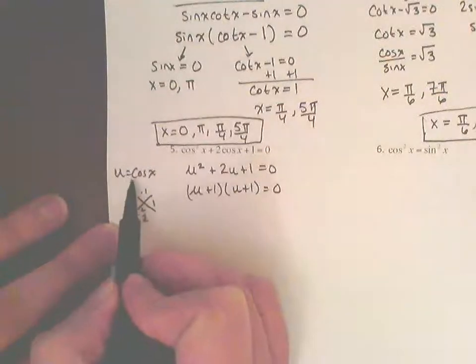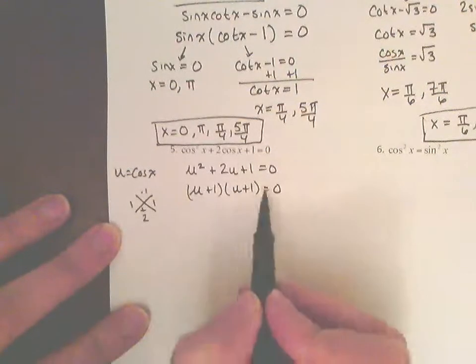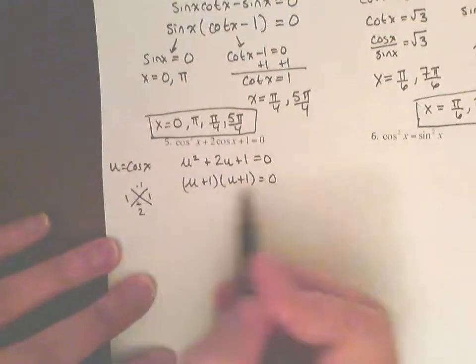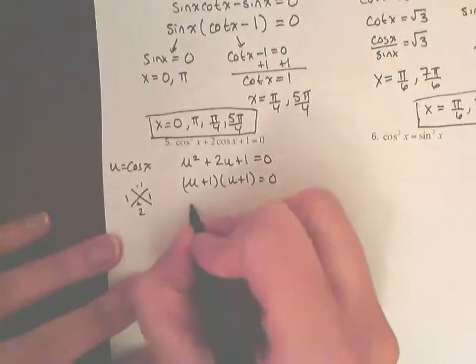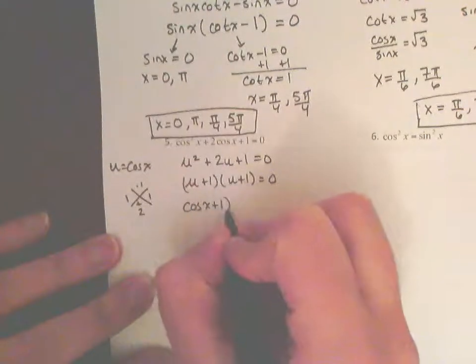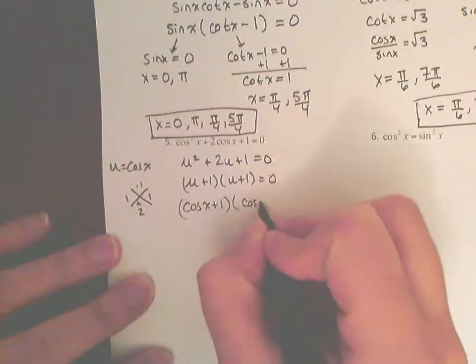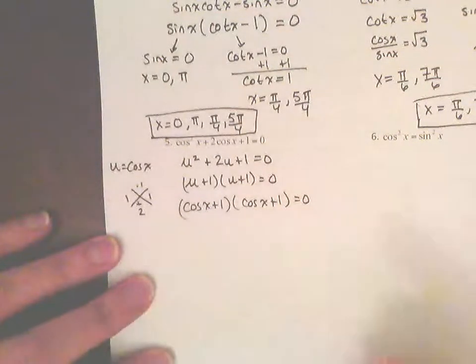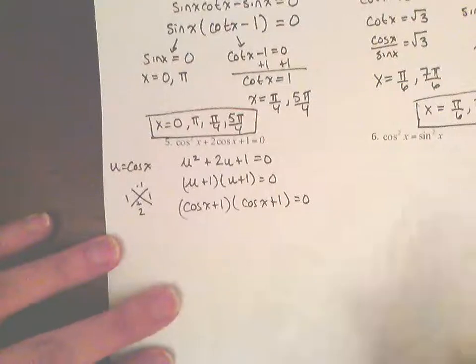So now I'm going to substitute back. I know this one's an easy one, but you could possibly get a harder one where, when you factor it, it's not perfect like this. So I'm going to plug in cosine of x again. And you see that this is a perfect square, right?